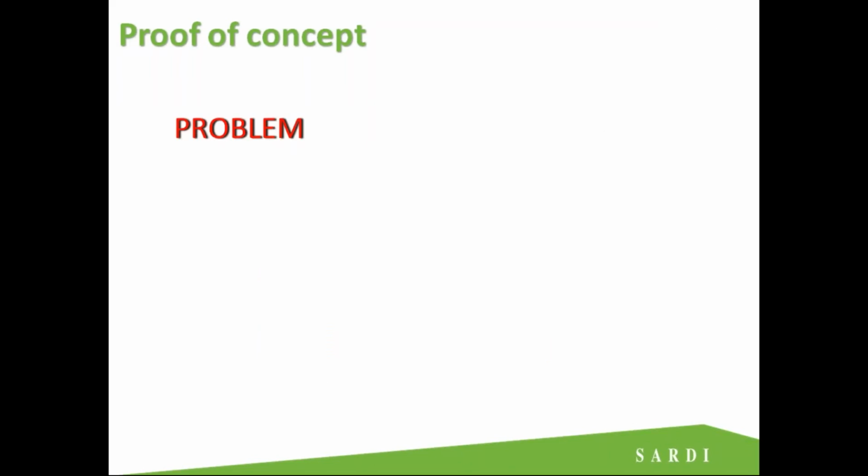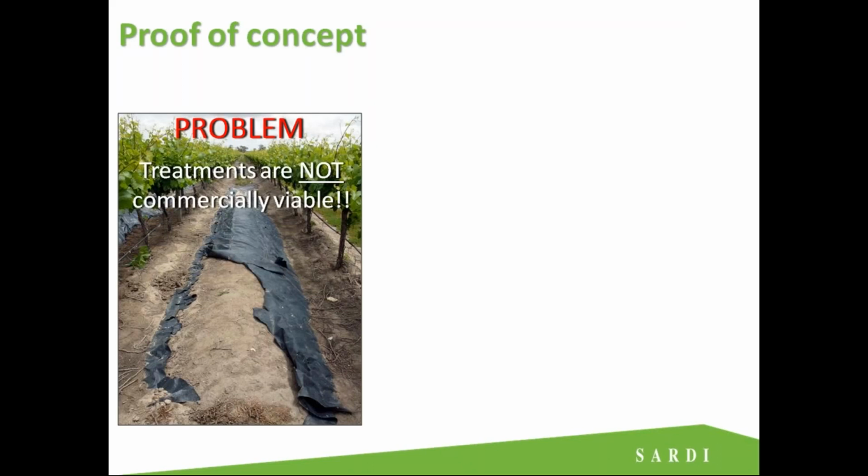The problem that we had at the end of this proof of concept trial was that although we got a great response with these treatments, they're just not commercially acceptable. There is no way that you're going to get a vineyard or a vineyard manager applying plastic treatments down the middle of a row.